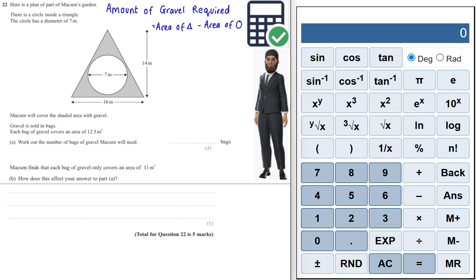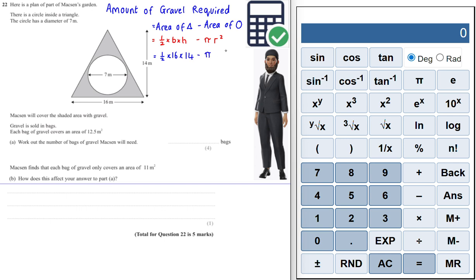And the formula for this is going to work out to be a half multiplied by the base multiplied by the height, minus pi multiplied by the radius squared. So we go back over here, then you're going to get half, the base is 16, multiplied by the perpendicular height, which is 14, minus pi.